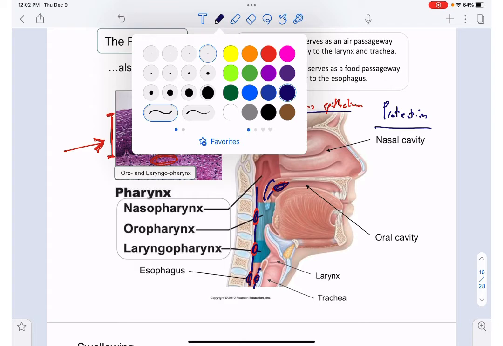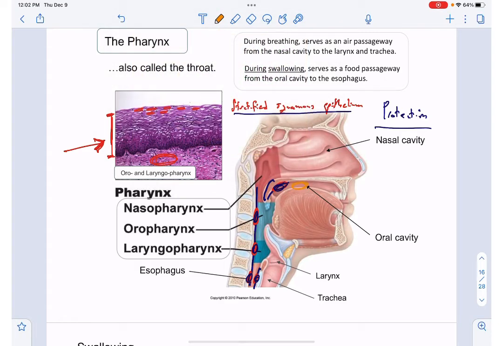So you imagine if you're chewing a food bolus in the mouth and then you swallow that bolus, it's going to move through the oral cavity, through the pharynx and into the esophagus, and as it does so, it's going to be rubbing up against the wall of these structures.